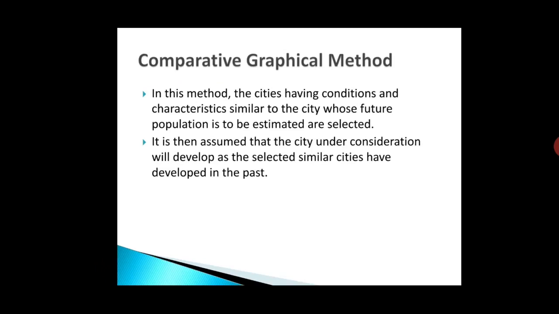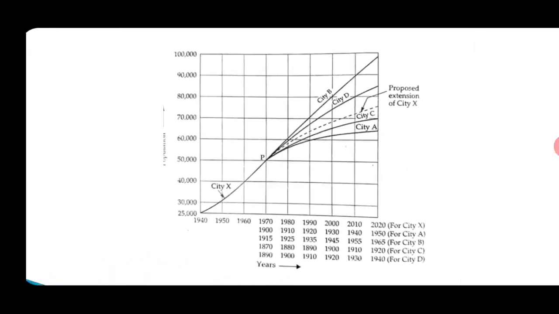For example, let the population of city X for 4 decades, starting from 1940 up to 1970, be given. Then we will prepare the curve for city X, and it is asked to find the population in the year 2020.